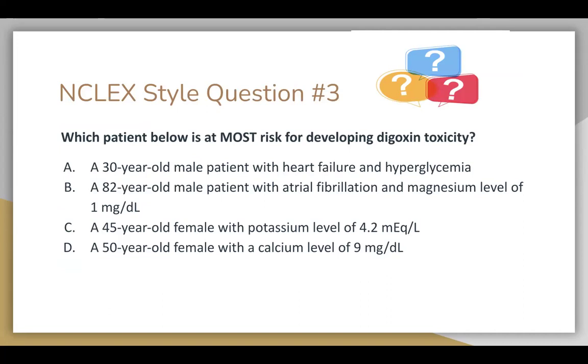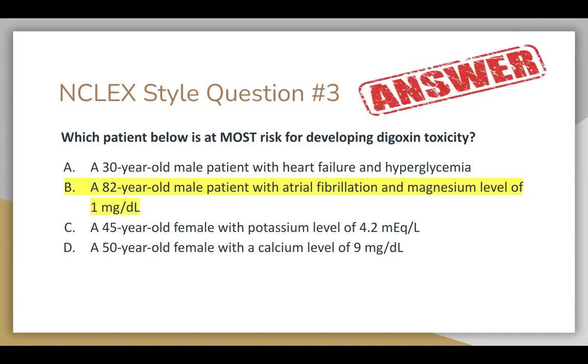C, a 45-year-old female with a potassium level of 4.2. And D, a 50-year-old female with a calcium level of 9. All right, and the answer is B, an 82-year-old male patient with atrial fibrillation and a magnesium level of 1.